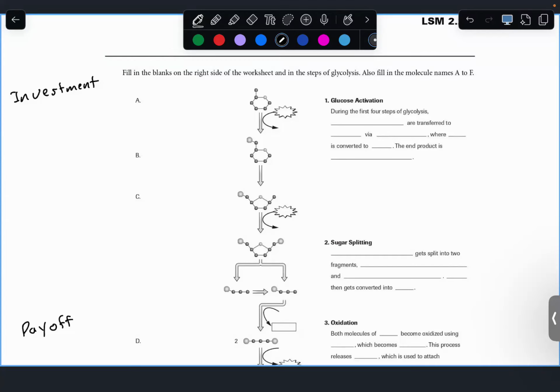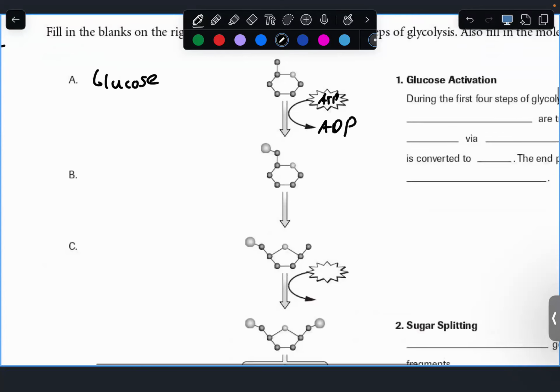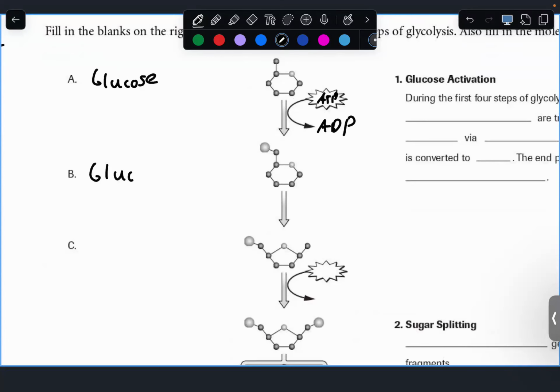Okay. So the first half is where we have the investment phase, where we activate glucose and then split it into two pieces. So the first thing is we just have glucose, which is phosphorylated with what? ATP, yes, which makes glucose 6-phosphate.